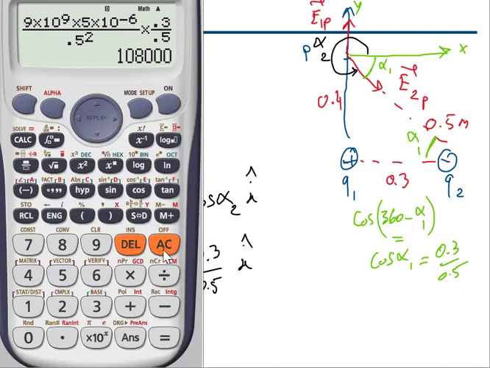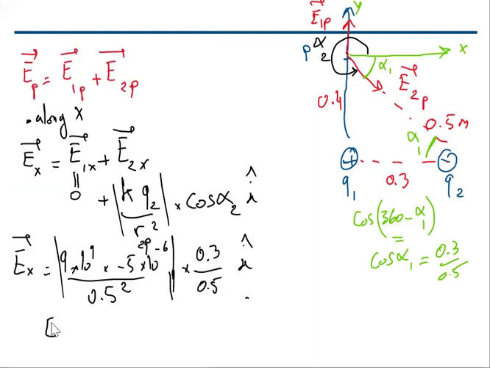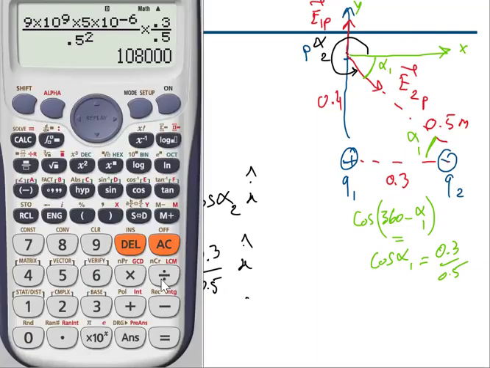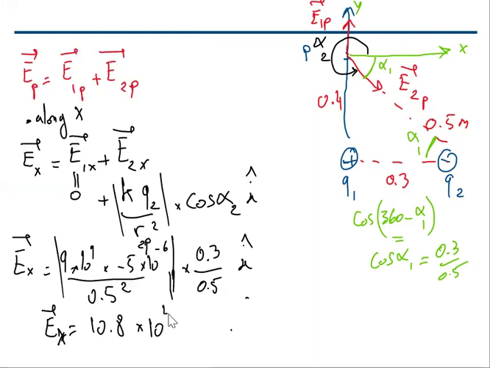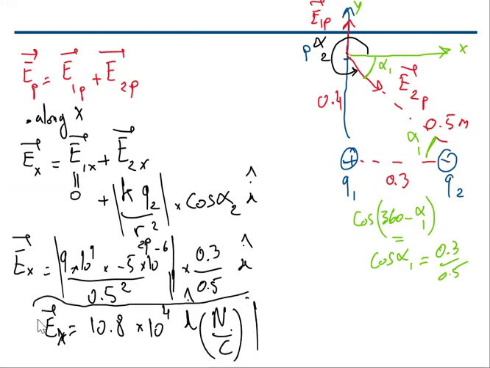So the result is 10.8 times 10 power 4 Newton per Coulomb. So this is our first component.